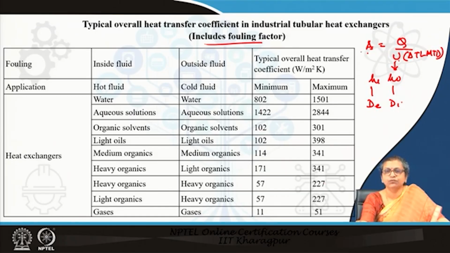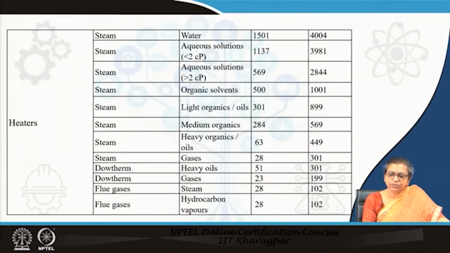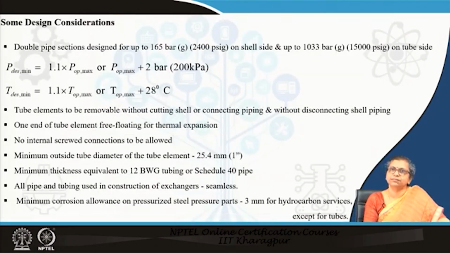Using that you find out A. From A, you can find out DI, DE, L, etc. Once you have found these out, you find out HO, HI. Using this HO, HI, again find out U. See if the U falls within these limits or not. If it falls, you are lucky, then you can proceed with the design that you have done. So, these are just to start the design.